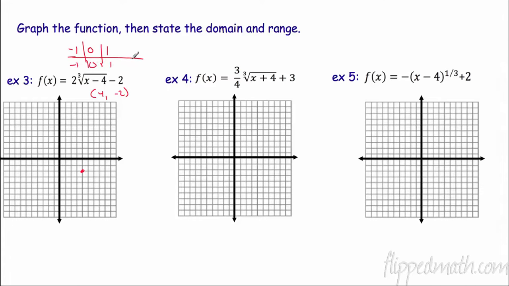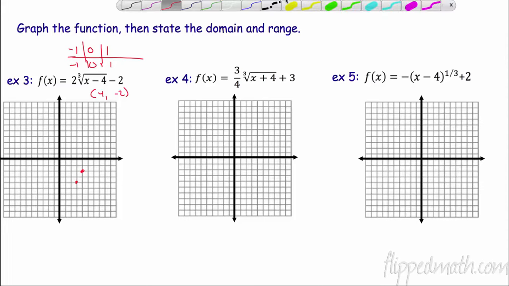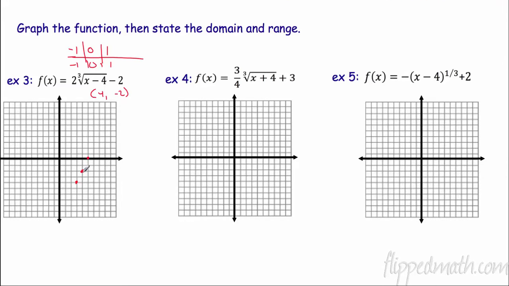Now I want to multiply that by 2, so this is going to be negative 2. I'm going to go to the left 1, down 2. I'm going to go to the right 1, up 2. Whoops, that's not 2. Come on, Sullivan. So it's going to look like that right there. All right?